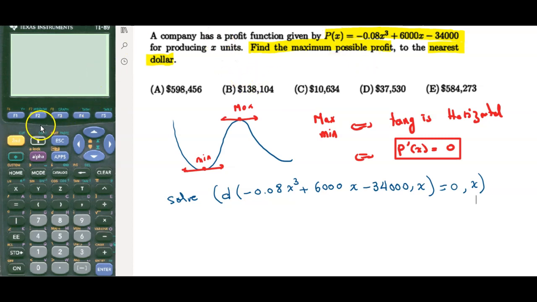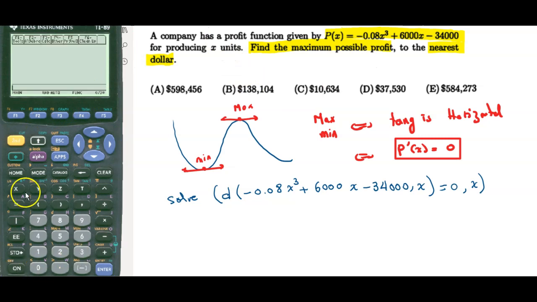So now we start, first of all, with the solve, F2, enter. And then we're going to use F3. And then we type our equation, negative 0.08x cubed plus 6000x minus 34,000, then comma x here, close the parentheses.